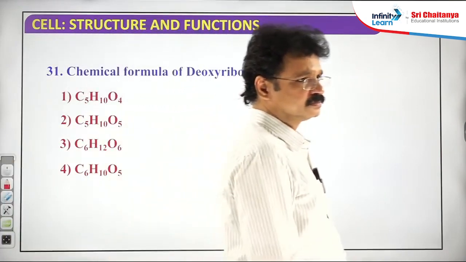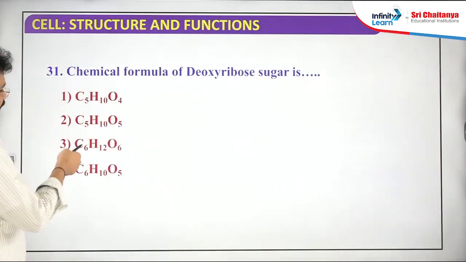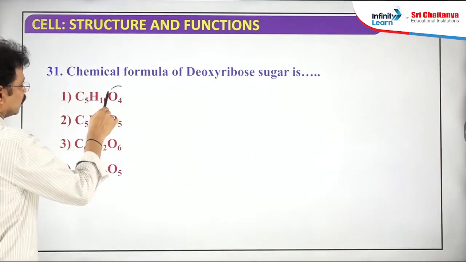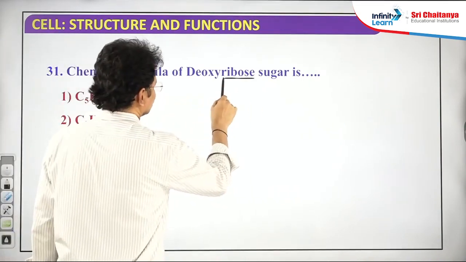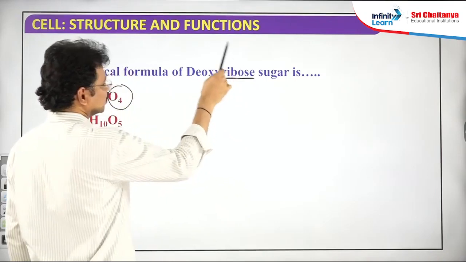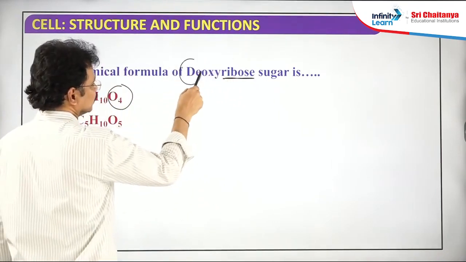Next, chemical formula of deoxyribose sugar. Pentose, 5 carbons. 1 oxygen atom is the deficit in ribose sugar, then the sugar is called deoxyribose. What is the meaning for the D?